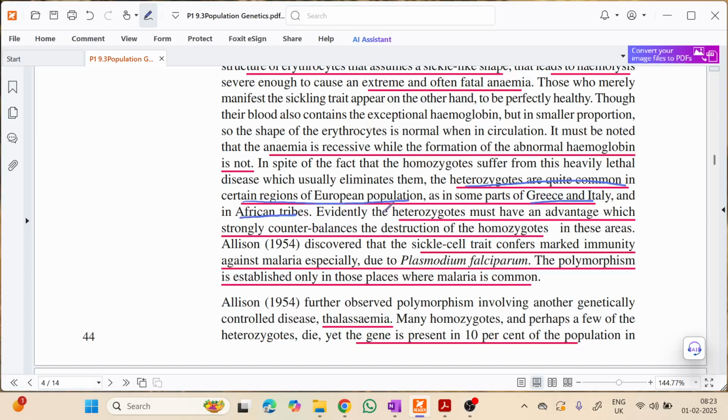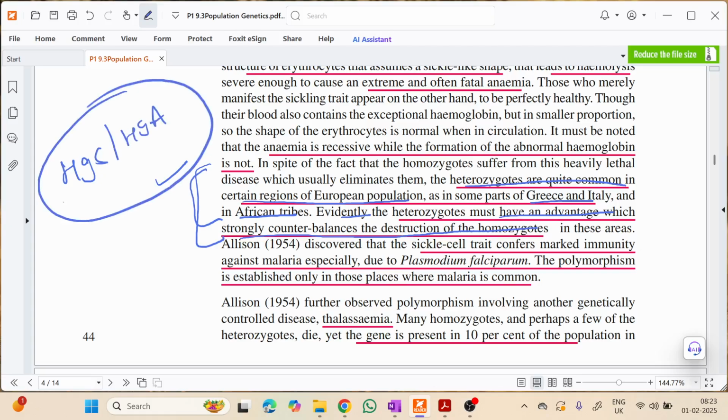Then the heterozygotes are quite common in certain regions of the European population, in Greece, Italy, in African tribes, and even in India. So evidently, अगर इतनी population है, then it must have an advantage which strongly counterbalances the destruction of homozygotes. Which means कि अगर इतनी सारी population में this heterozygous gene is present, this line is talking about this allele, कि this allele is present in that large population.